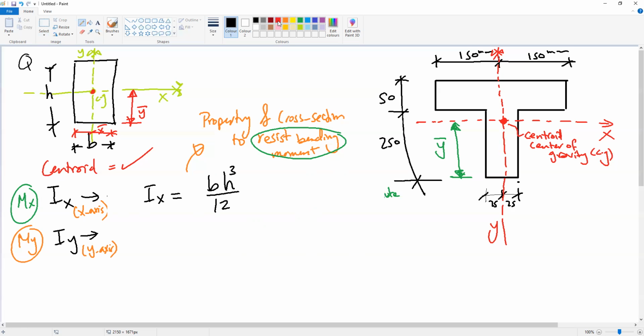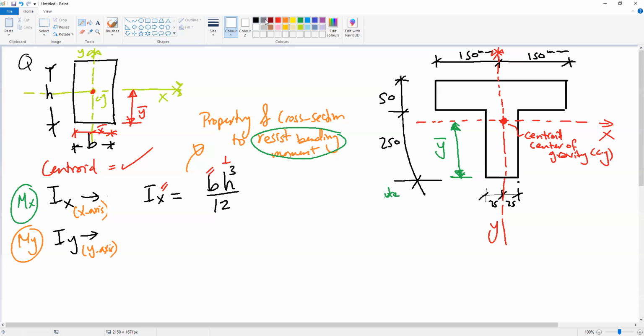To keep this formula in mind: the first dimension, B, is parallel to x, and H is perpendicular to x. So the inertia equals the dimension parallel to the axis multiplied by the perpendicular dimension cubed.